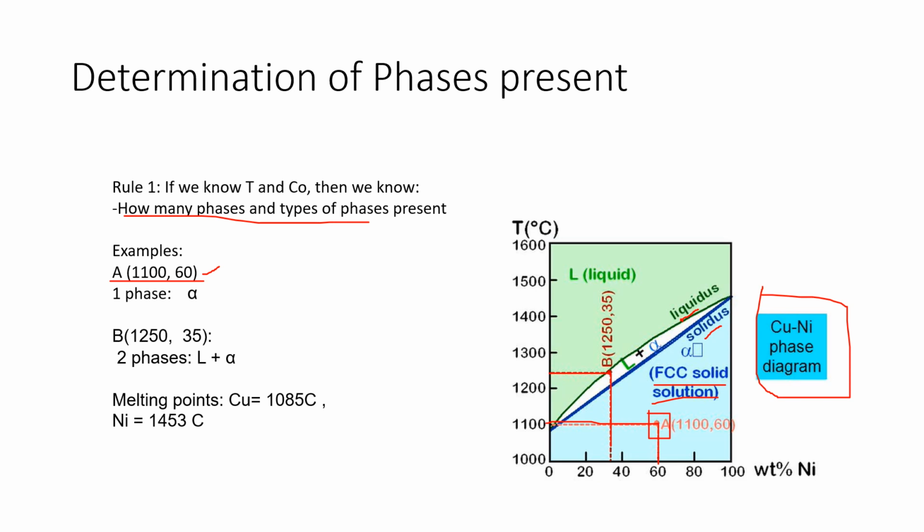So overall, in this copper-nickel diagram, how many phases are present? Phase 1 is the liquid solution. About the liquidus line, we already know the liquidus line is the temperature where the alloy is completely liquid. Below this line, solidification begins.